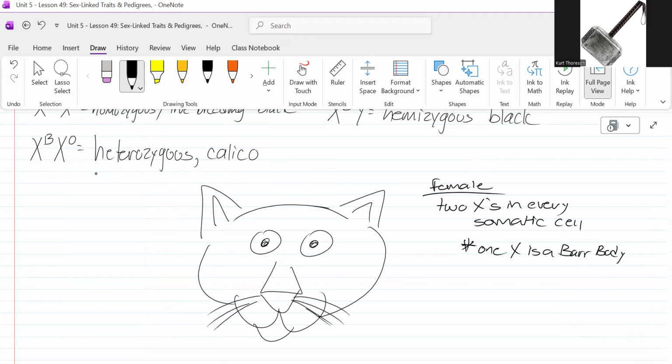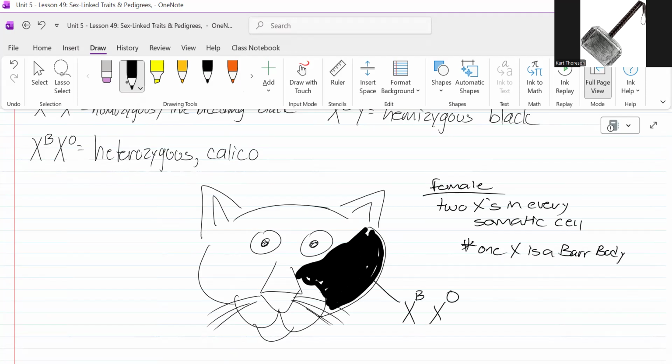So let me give you a hypothetical. Let's say I color this part of the cat's face black. Okay? There's two X's. There's the black gene and the orange gene. Which chromosome is methylated?